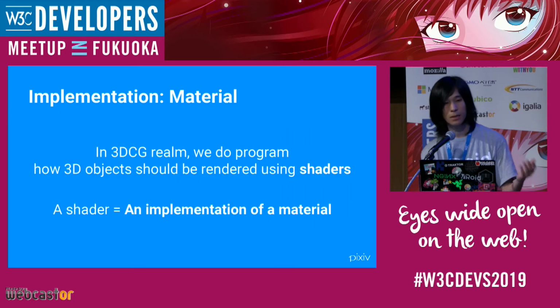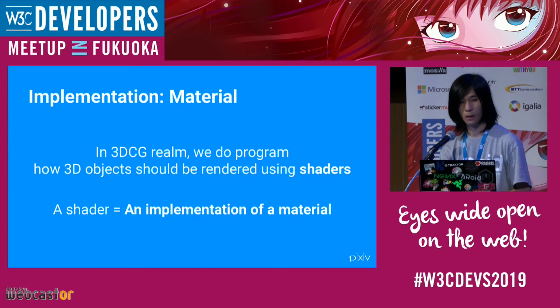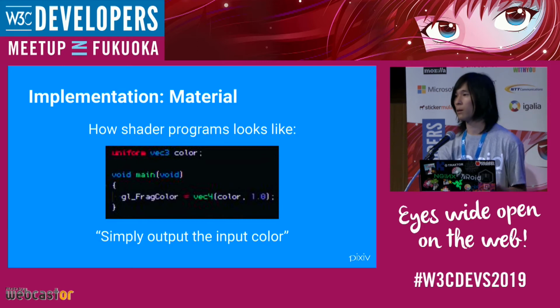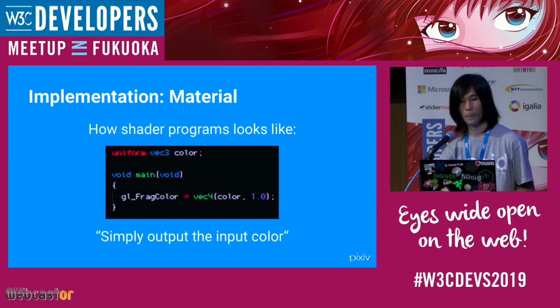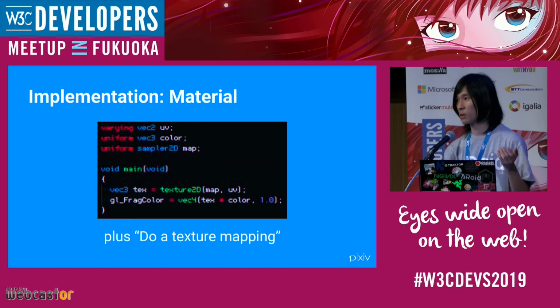In the 3D world, we describe how materials look using a program called a shader. Here is a simple example of a shader program. It simply outputs the input color. Or this other example does texture mapping.